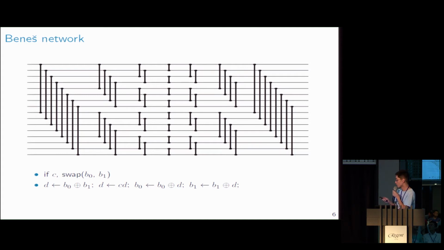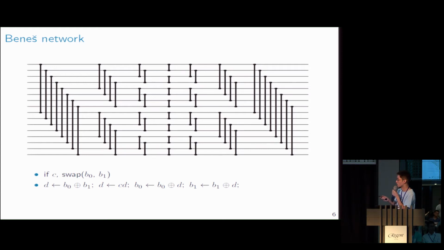Here you see each horizontal line is a piece of data, which you can consider as a bit. And each vertical line segment is a conditional swap, which swaps the endpoints depending on the condition bit C. As you see, the pattern is pretty elegant.